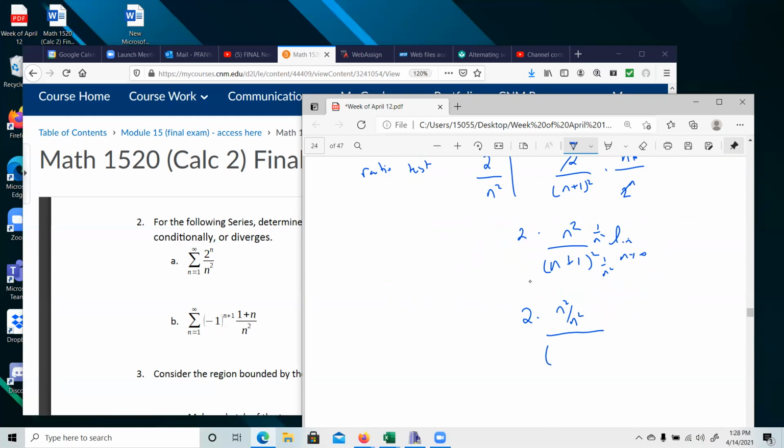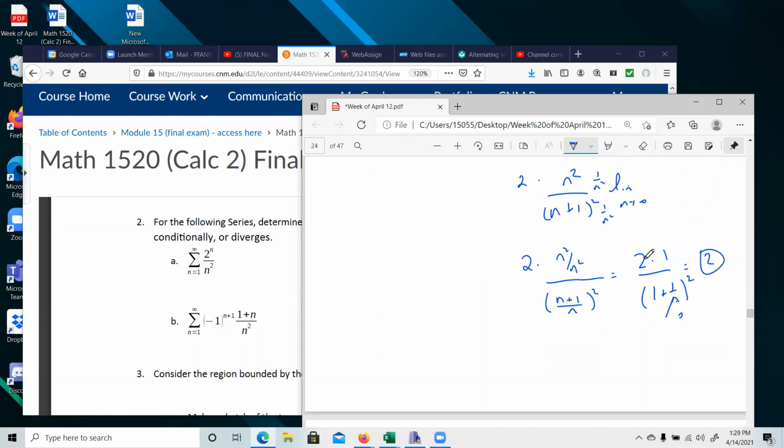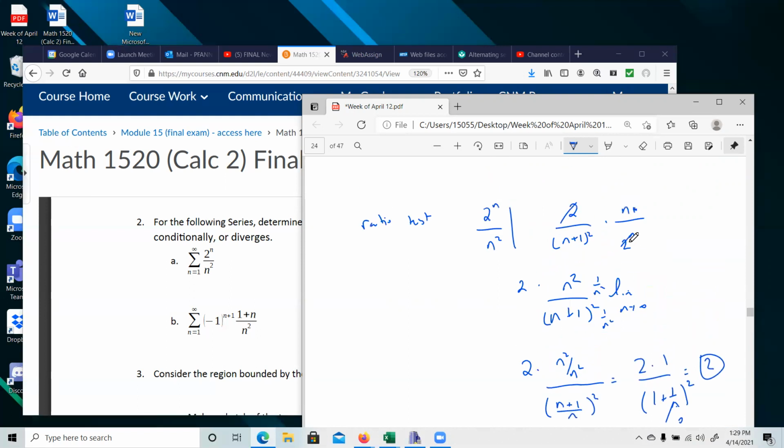Then we have n plus 1 over n squared, because I can do that with exponents. It's 2 times 1 over 1 plus 1 over n squared. As n goes to infinity, that goes to 0, so our answer is 2. Since the limit's not 0, it diverges.